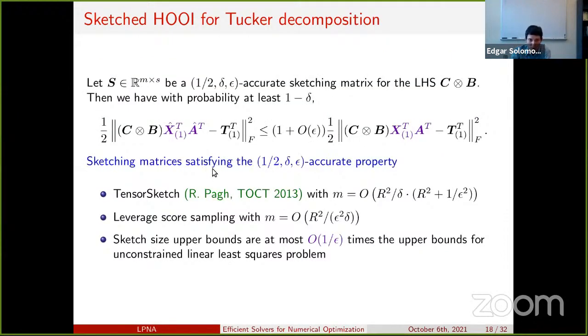So our work is most closely related to an algorithm known as tensor sketch, which is performing Tucker decomposition with sampling, except it's optimizing for a single factor at a time, which is not a constrained linear least squares problem, but a plain linear least squares problem.